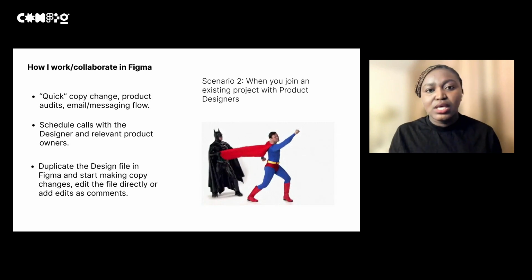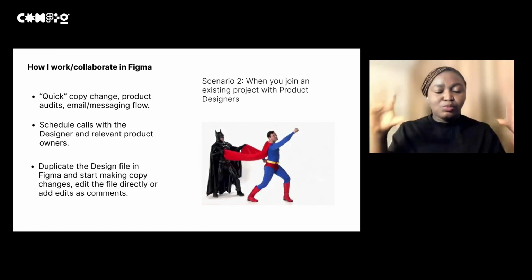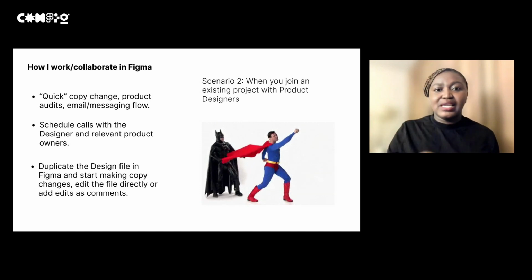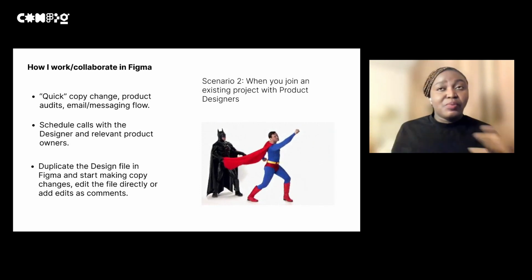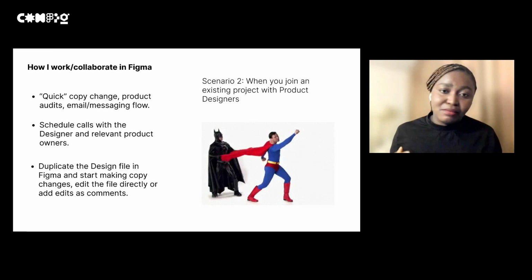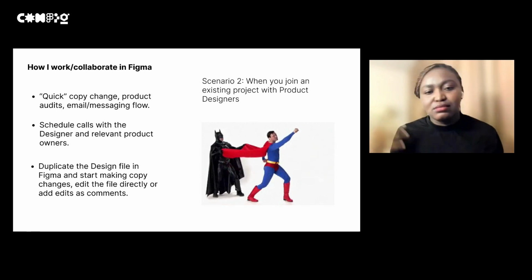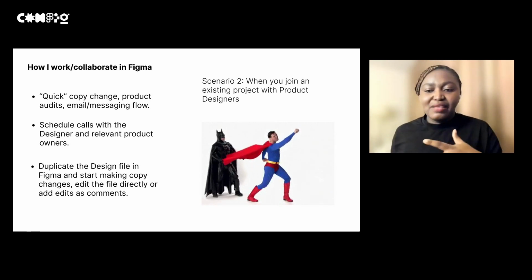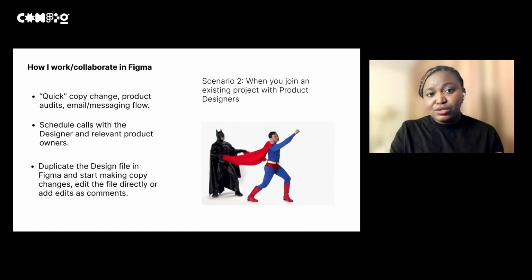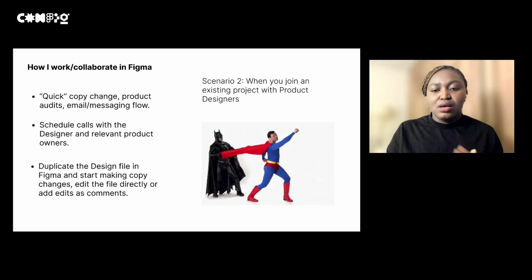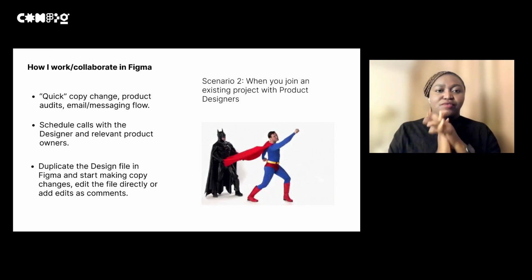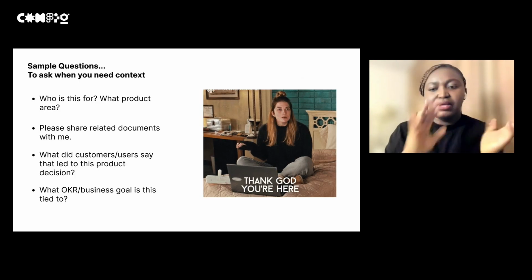I do that a lot. Then I duplicate the design file in Figma and start making my copy edits. Depending on the designer, some don't like designers edit, so I leave my edits as comments. It also depends on the amount of time we have on the project. So those are two scenarios of how I work in Figma.